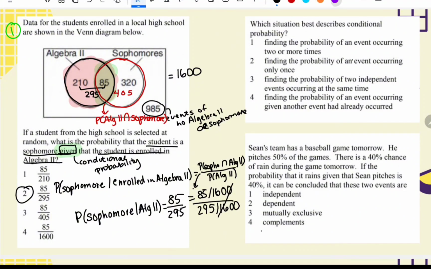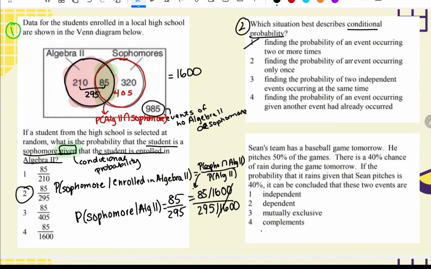Question number 2 says, which situation best describes conditional probability? So remember, we said conditional probability is the probability of the second event happening given that the first event already happened. So first answer choice says finding the probability of an event occurring 2 or more times. No, not conditional.